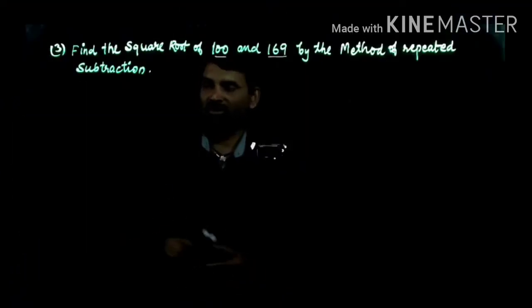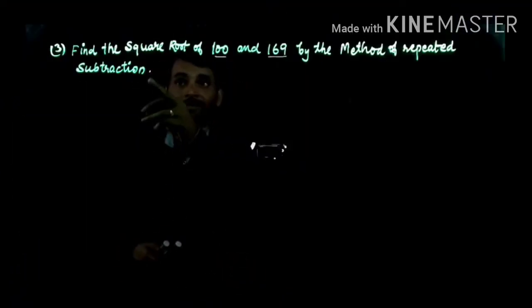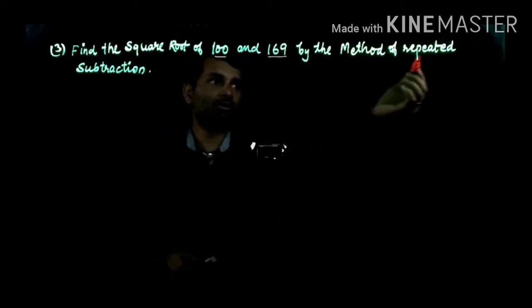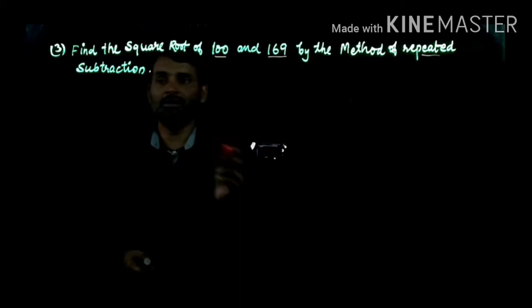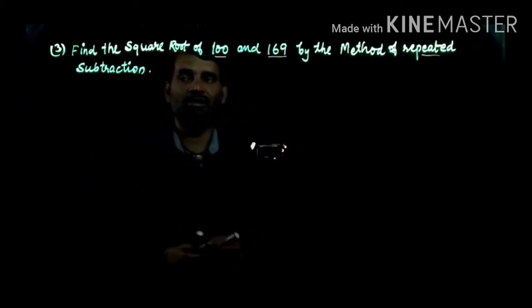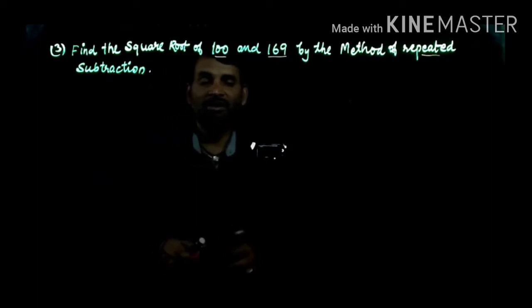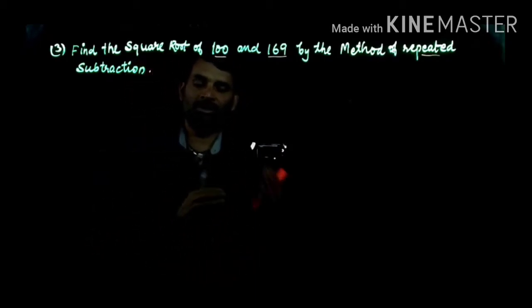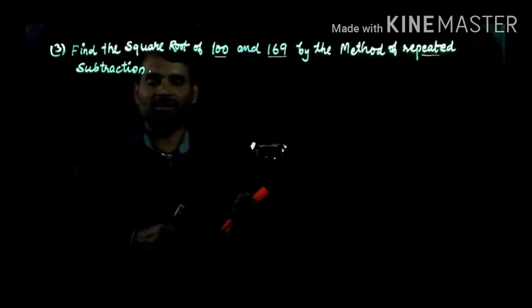Question number 3 is find the square root of 100 and 169 by the repeated subtraction method. In the repeated subtraction method, you subtract increasing odd numbers repeatedly.